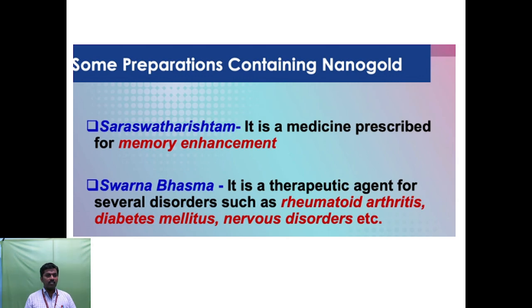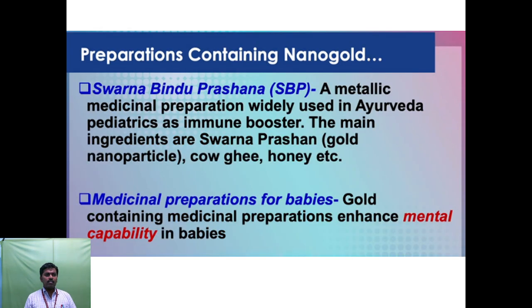Saraswatarishta is a medicine prescribed for memory enhancement. Swarna Bhasma is the therapeutic agent for several disorders such as arthritis, diabetes, nerve disorders, etc. Swarna Bindu Prashana is a kind of nanoparticle preparation used as an immune booster.